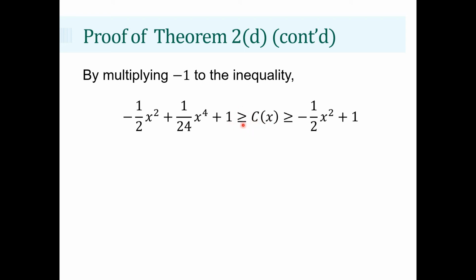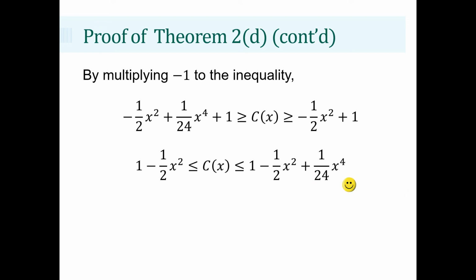C of x now is less than or equal to negative 1 half x squared plus 1 over 24 x raised to 4 plus 1, but greater than or equal to negative 1 half x squared plus 1. In its standard form, that is just equal to c of x is greater than or equal to 1 minus 1 half x squared, but less than or equal to 1 minus 1 half x squared plus 1 over 24 x raised to 4, which proves our theorem.